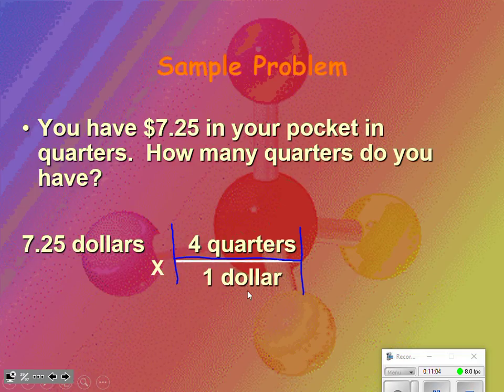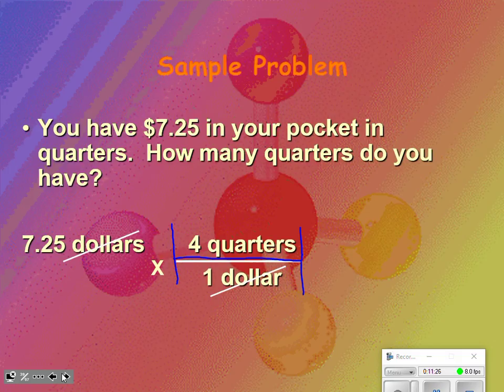Well, I know that 4 quarters equal $1, right? So, do I get my dollars to cancel? Absolutely. One's on top, one's on the bottom. $1 over $1 is 1, right? Anything over itself is 1.